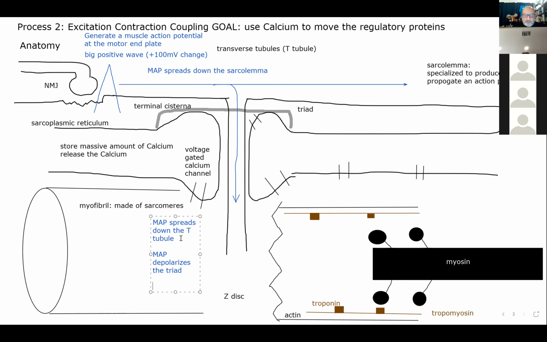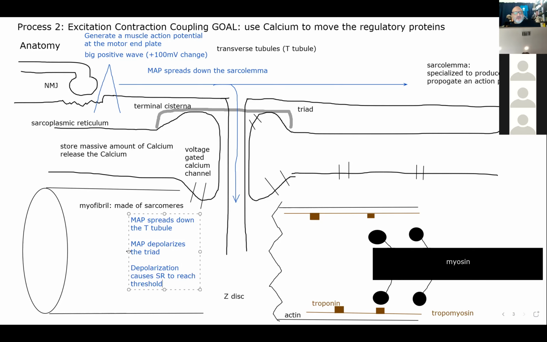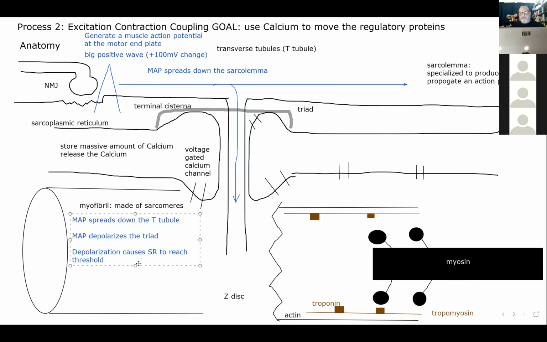This depolarization, being a 100 millivolt change, is that going to be able to cause my sarcoplasmic reticulum to reach threshold? Yeah. And when it reaches threshold, what do you think the immediate effect of that is going to be?